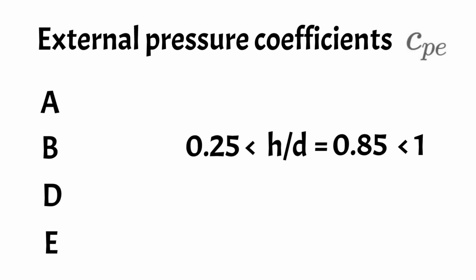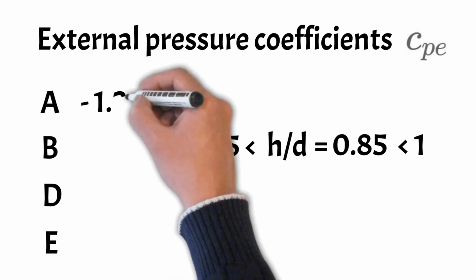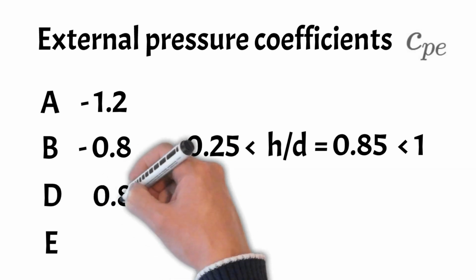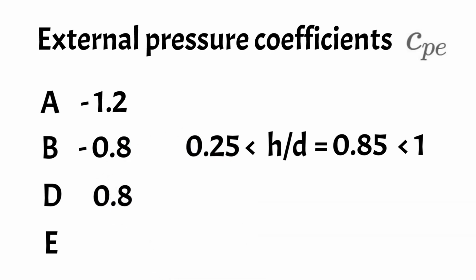So therefore, in a table in Eurocode, we find CPE A as minus 1.2, CPE B as minus 0.8, CPE D as 0.8, and CPE E as minus 0.5.